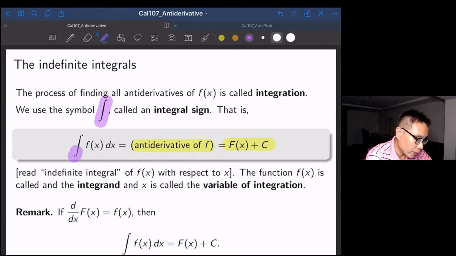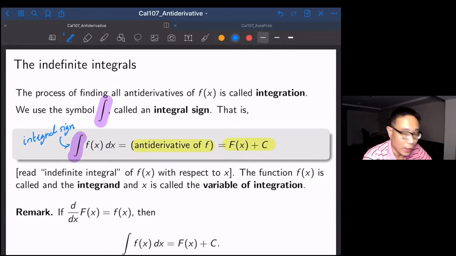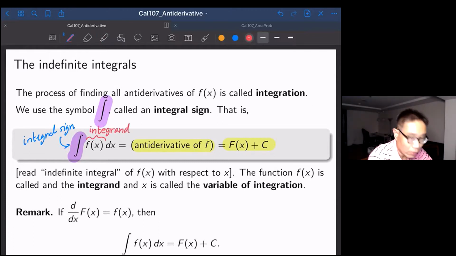So for this one, we use the integral sign, and you're going to have the function inside here. This thing is called the integrand. And your dx here is the variable of integration.